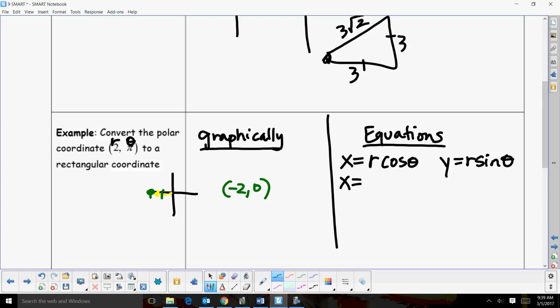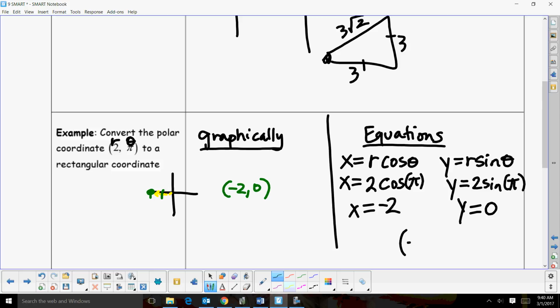So here x equals 2 times the cosine of pi, which would end up being -1 times 2, which is -2. For y, 2 times the sine of pi gives me 0. So do I get the same thing? Yes. And sometimes graphically is going to be way too hard to do, and we have to go back to the equations. And those equations, you guys, you're going to use a ton.